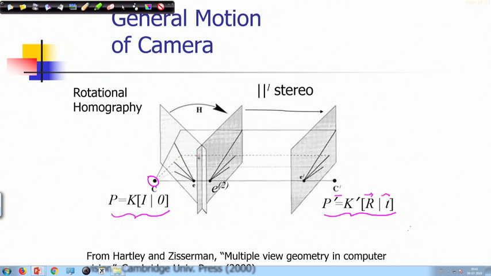So, once we have these things, for example, originally you have 2 points, say x, this is the reference camera, and another point, say x prime. So, these are the 2 corresponding points of the scene. Now, due to rotational homography, we bring x to the new imaginary camera setup, where we will consider this point as x 2.